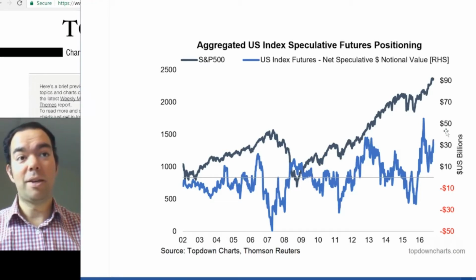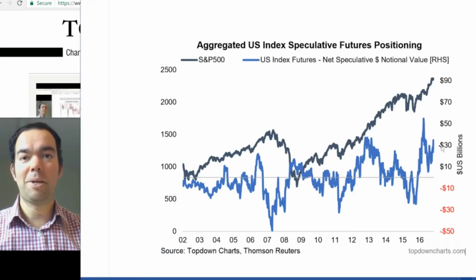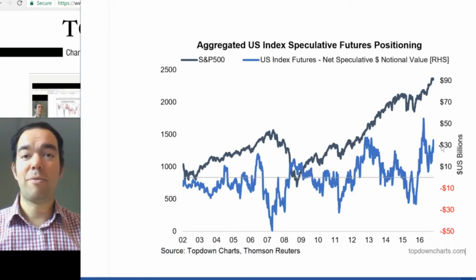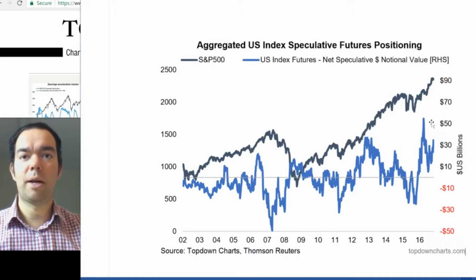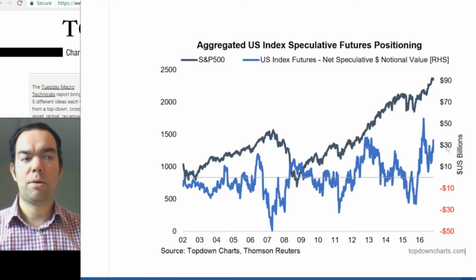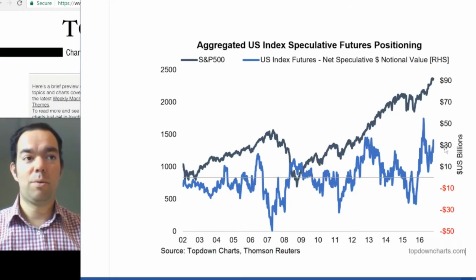Well, here is the level of index futures net speculative notional leverage in the stock market, and it's currently around $30 billion. That compares to margin debt, which was, I can't remember the exact figure, around 500 billion. The point is that it's very small in relation to that, and in relation to the overall market cap.